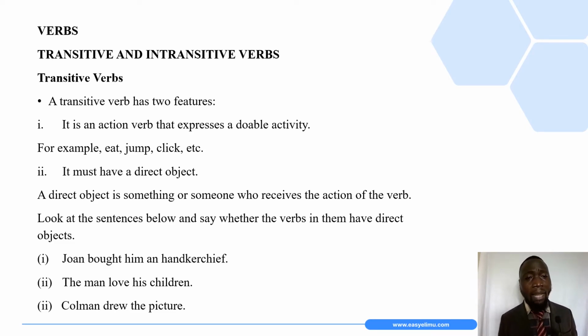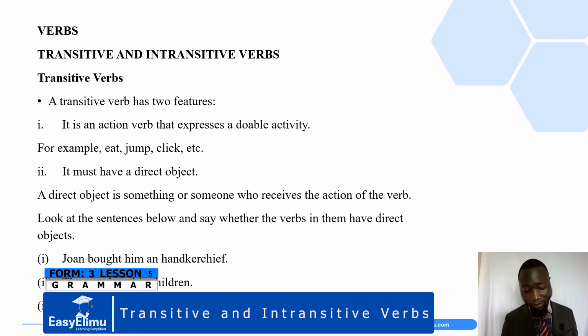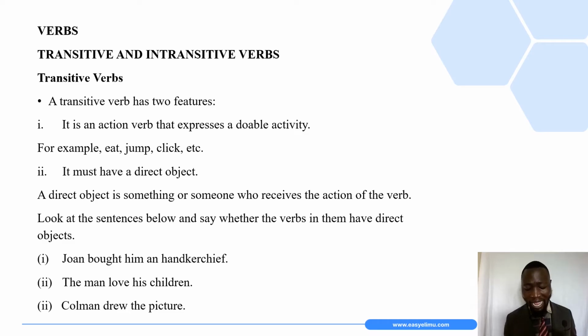Now, back to transitive and intransitive verbs. I'll start by looking at the first one, that is transitive verbs. Dear students, transitive verbs are verbs that in sentences talk about an action that has a direct object to receive it.